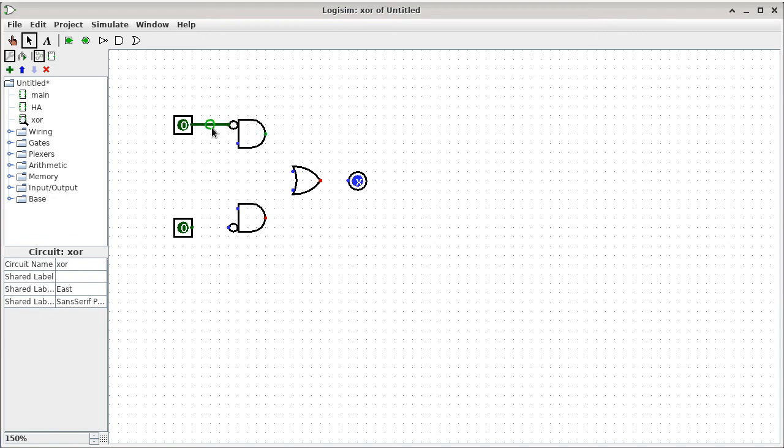So now we hook up this one over here, and also over here, and then this one here, and over here. And then we take this to one of the inputs of the OR, take this one to the other input of the OR, and then this output becomes the output of the entire circuit.